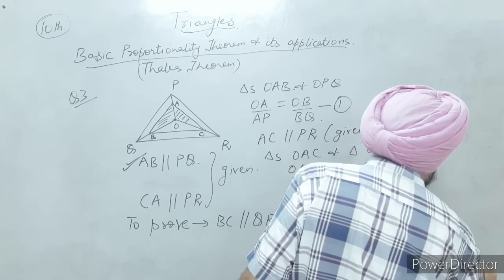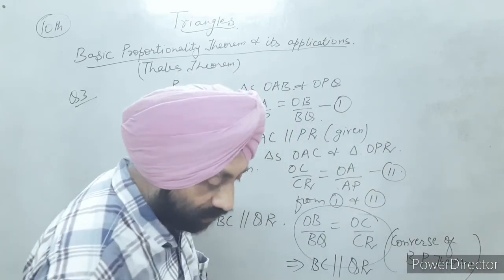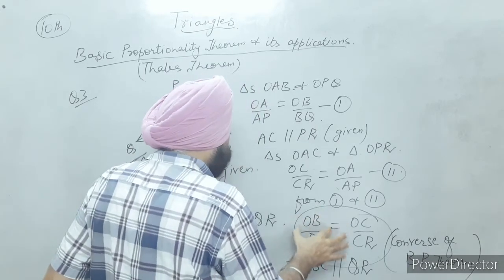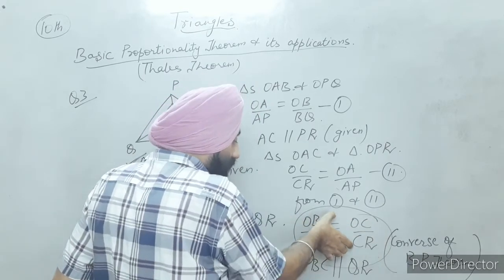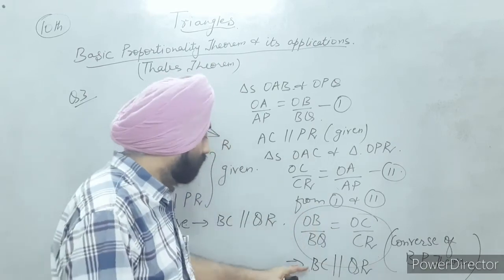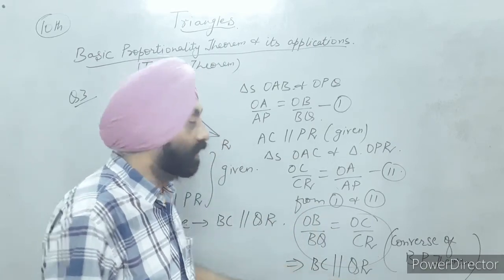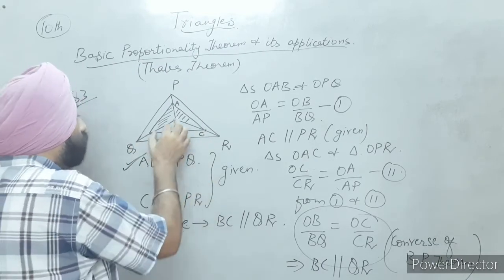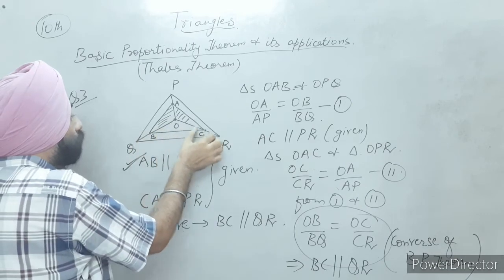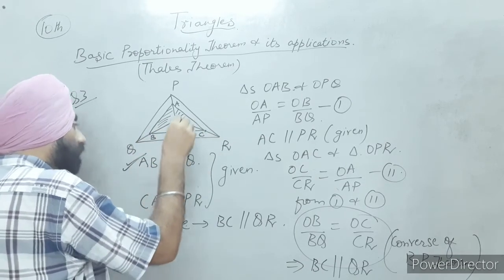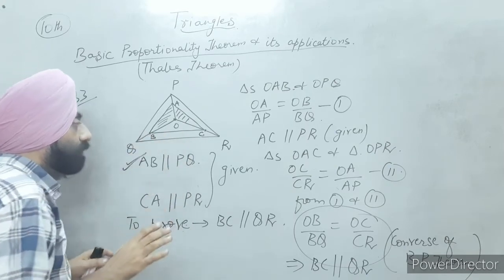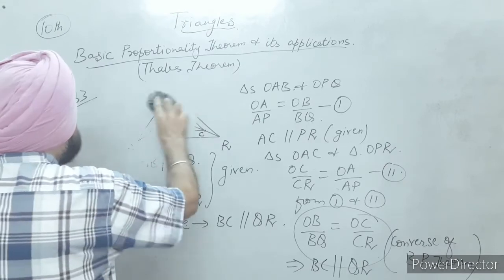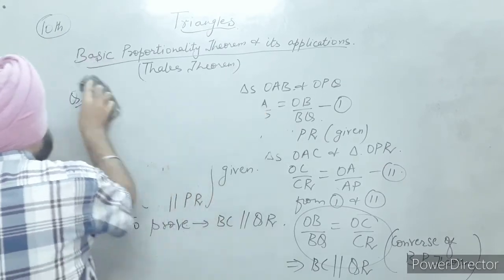If the ratios of the sides of the two triangles are the same, then we say that BC is parallel to QR. These were the triangles OBC and OQR. We have proved that OB upon BQ equals OC upon CR. Therefore, it proves that BC is parallel to QR. This was the application of the converse of basic proportionality theorem, which I have explained to you.